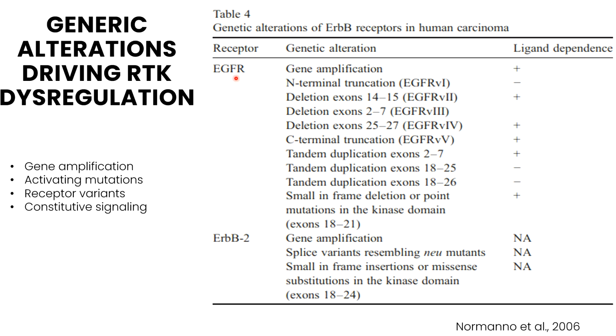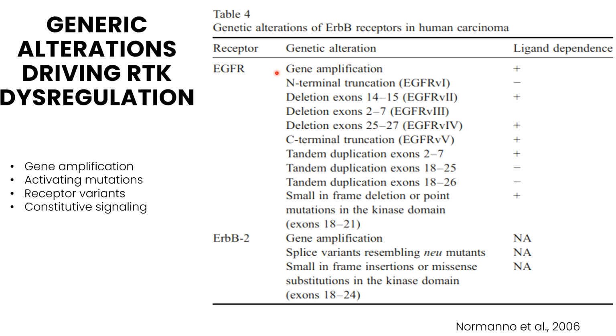Let's start with the EGFR, one of the most extensively studied RTKs in cancer. Notice that there are several different types of genetic alterations listed. Although the specific mutations differ, they generally all fall into a few major categories.